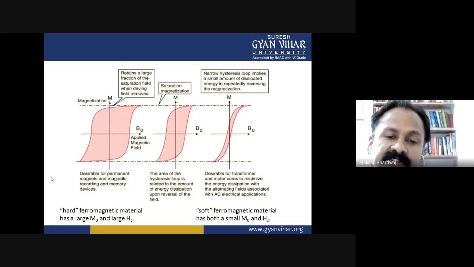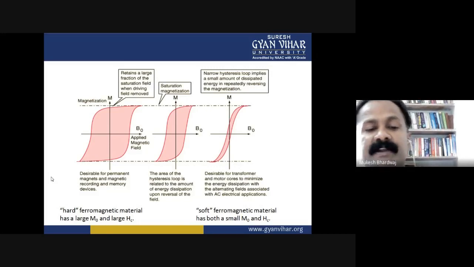The area of the hysteresis loop is related to the amount of energy dissipation upon the reversal of the field. Now, the hysteresis loop for soft ferromagnetic material has both a small M0 and Hc. A narrow hysteresis loop implies a small amount of dissipated energy in repeatedly reversing the magnetization.